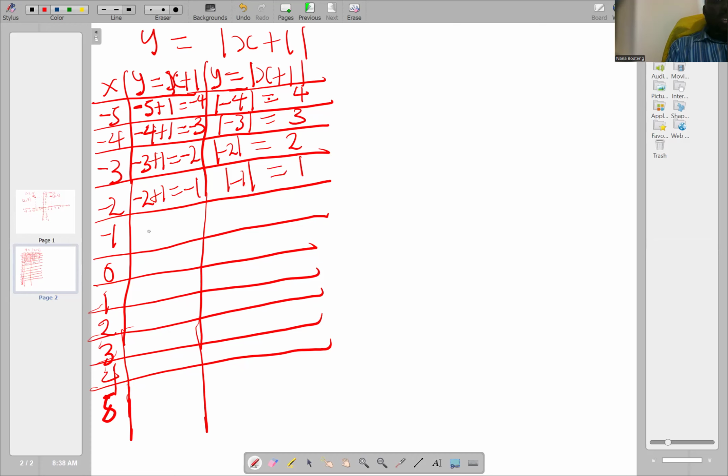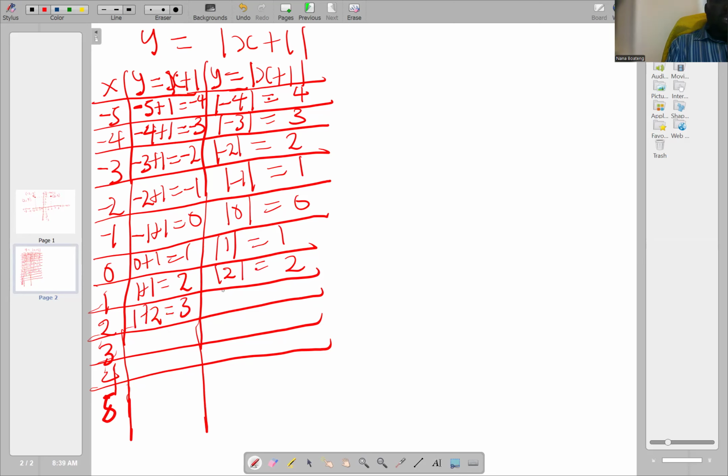And -1 + 1 is equal to 0. The absolute value of 0 is equal to 0. If x is 0, we have 0 + 1, which is 1. And the absolute value of 1 is still 1. And 1 + 1 is equal to 2. The absolute value of 2 is equal to 2. 1 + 2 is equal to 3.